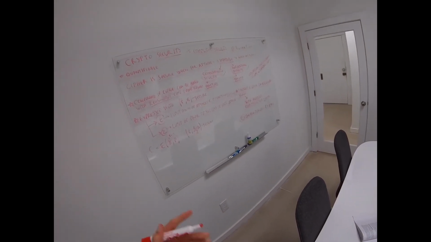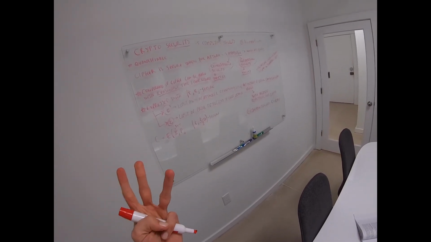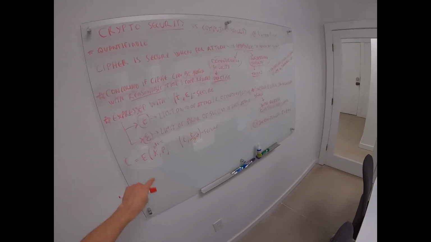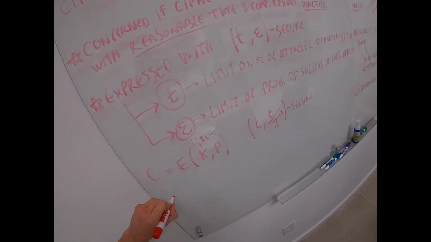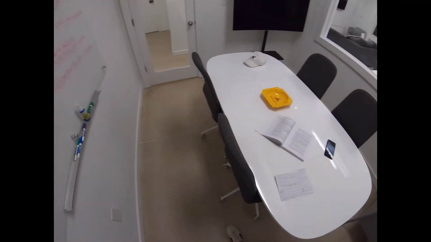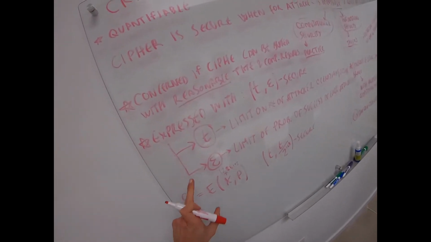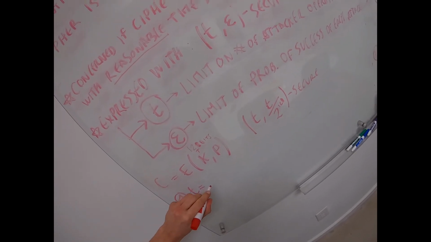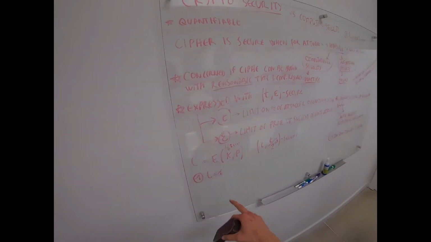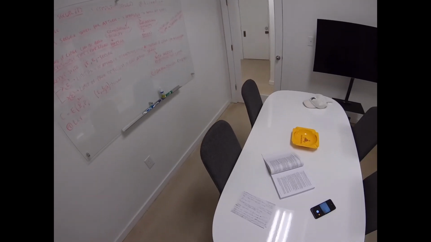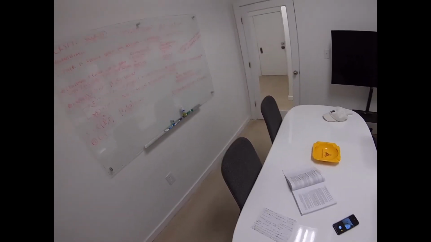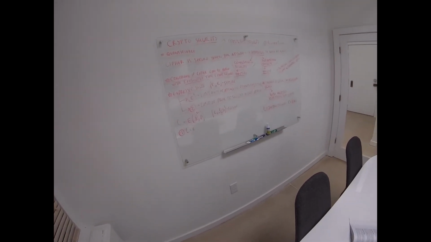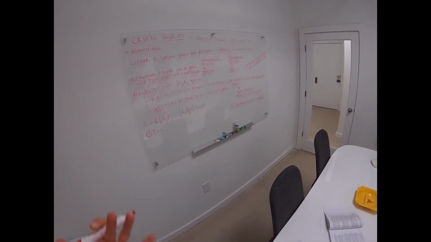Let's go through some practical scenarios. Let's consider 3 scenarios where the attacker takes 3 different approaches to attack this cipher. Scenario number 1: we manipulate t, so let's consider t equals 1. That means the attacker tries 1 key and hopes to decrypt.